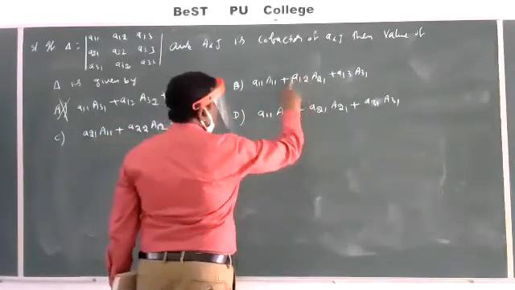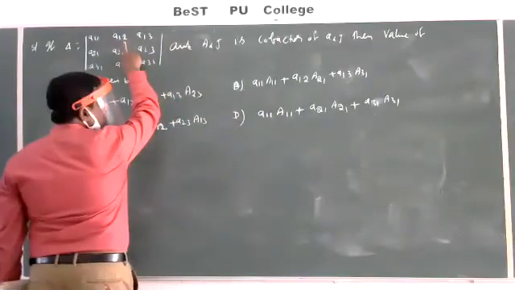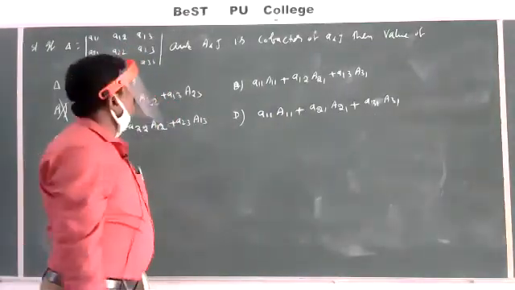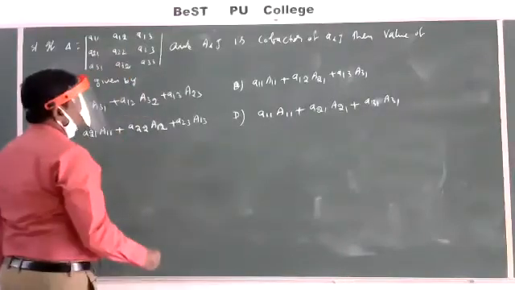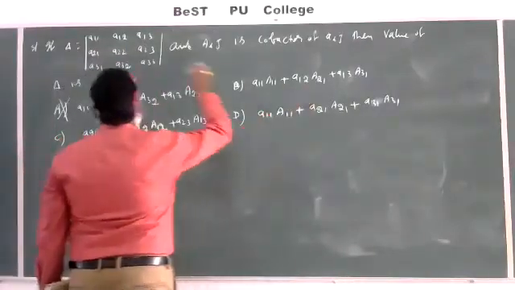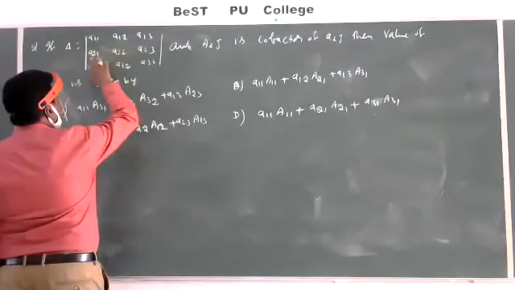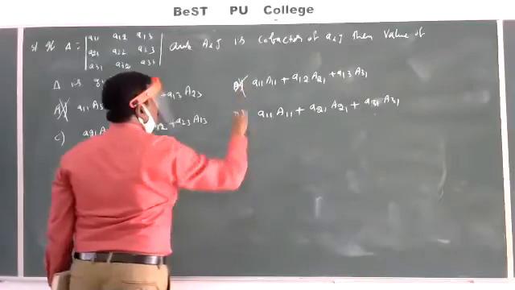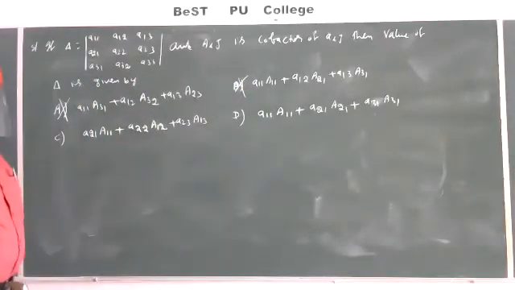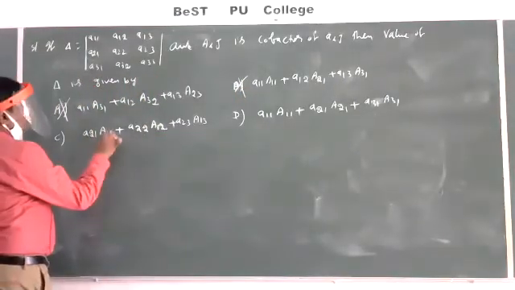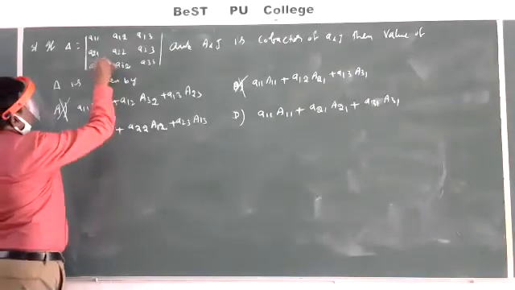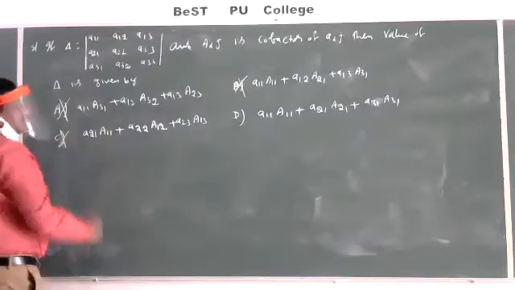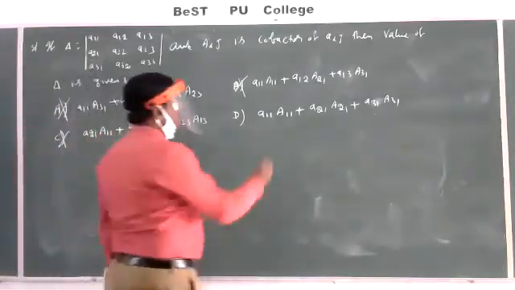But the second term, A12 is a first row element, yet it has taken the A21 cofactor, a second row cofactor. That means it is not the answer. Next, A21 capital A11: A21 is a second row element, but the cofactor is a first row cofactor. It is not the answer.